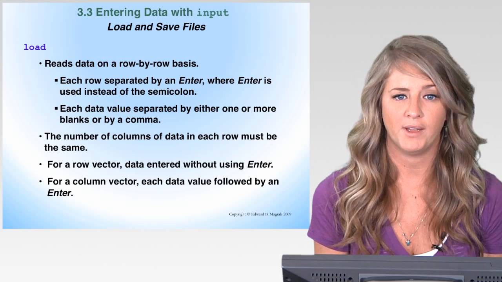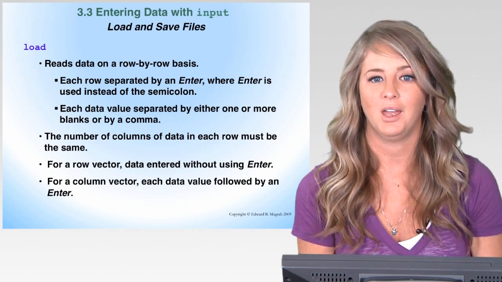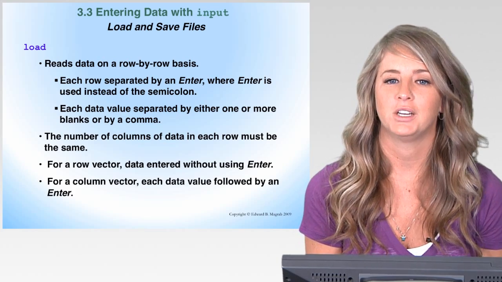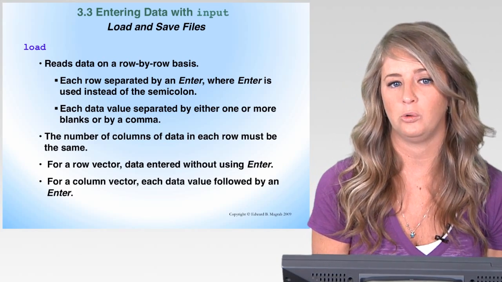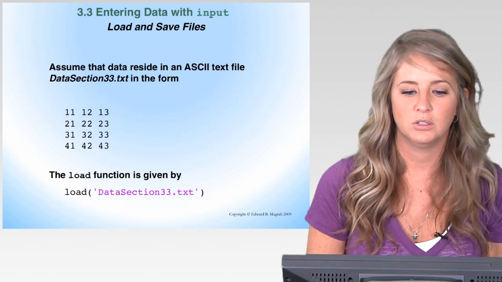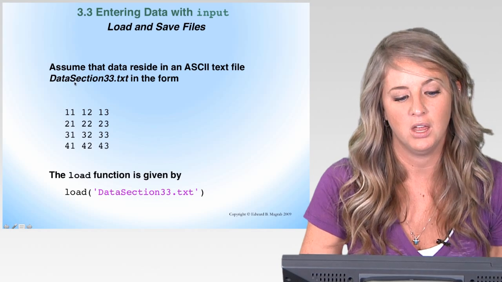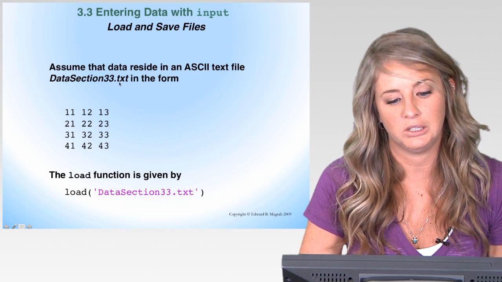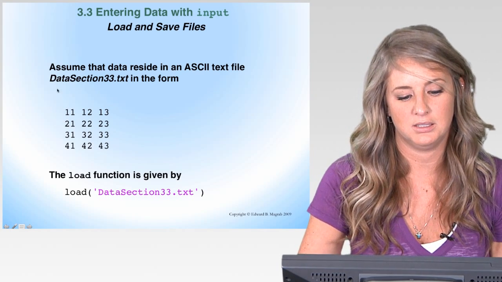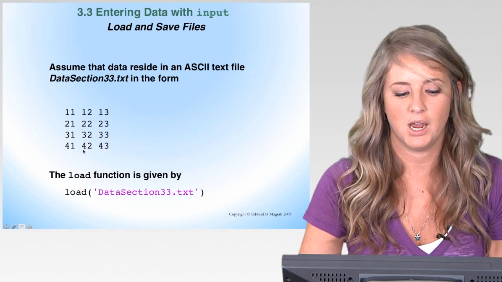For a row vector, data is entered without using enter, and for a column vector, each data value is followed by an enter command. So assume that the data resides in the ASCII text file data section 33.txt, and this is the particular data inside of that text file.